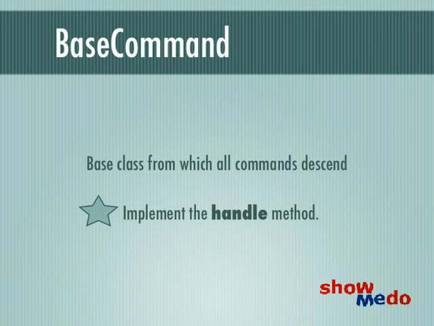Now with BaseCommand, we need to make sure that we implement the handle method. So that's the method that we would override in order to implement something that descends from BaseCommand. An example of some of the commands that are built into Django that use BaseCommand are loaddata, dumpdata, runserver, and test.